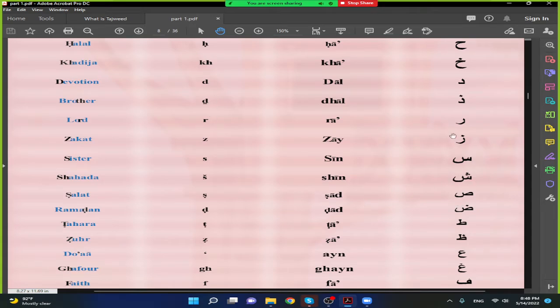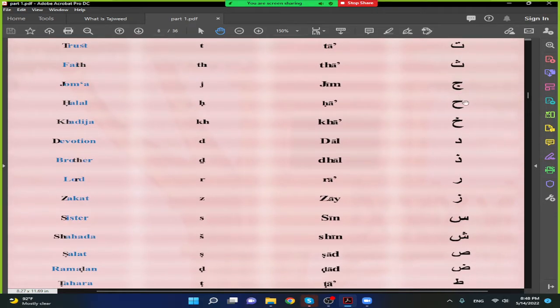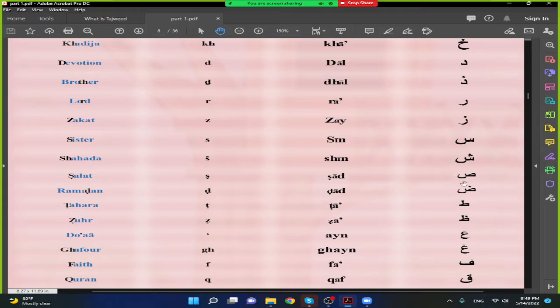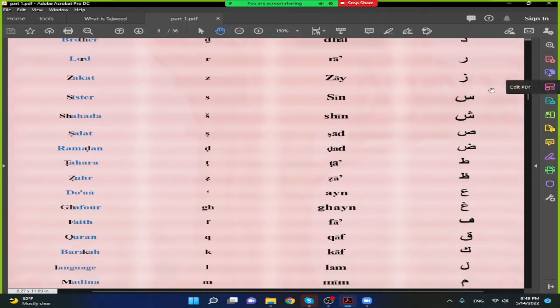Don't get confused, they are totally different in their shapes and in their sounds as well. But for now, the English letter S is going to be similar for all those three Arabic letters. Sa gets the S sound, Seen gets the S sound, and Sod gets the S sound, okay. For now we are on Seen. Seen starts with S, like in the word sister.